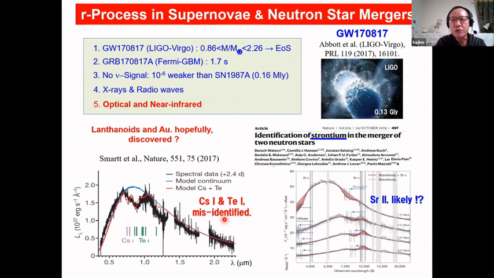Unfortunately, the careful analysis by astronomers of all the recorded spectra showed that the cesium and tellurium information is gone, because the object is very excited at high temperatures, and the ejecta has a very high velocity. So it is very difficult to identify the absorption lines as first reported.